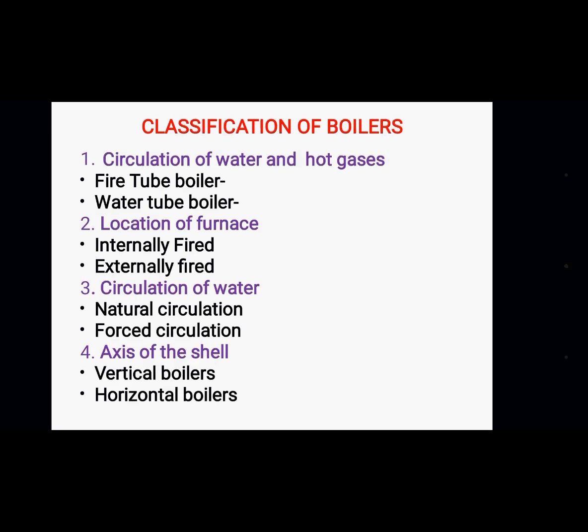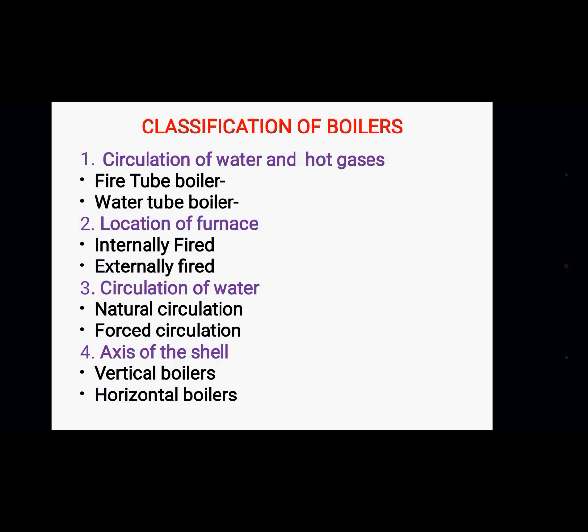Coming to the third parameter, circulation of water. This is just the flow of water, whether the water is able to flow on its self-gravity, or whether it needs some external support, an external water pressure developing device like a water pump. Based on this, it is classified into two types, natural circulation and forced circulation. In natural circulation boilers, the water flows naturally on its self-gravity, and doesn't depend on any external pressure developing device.